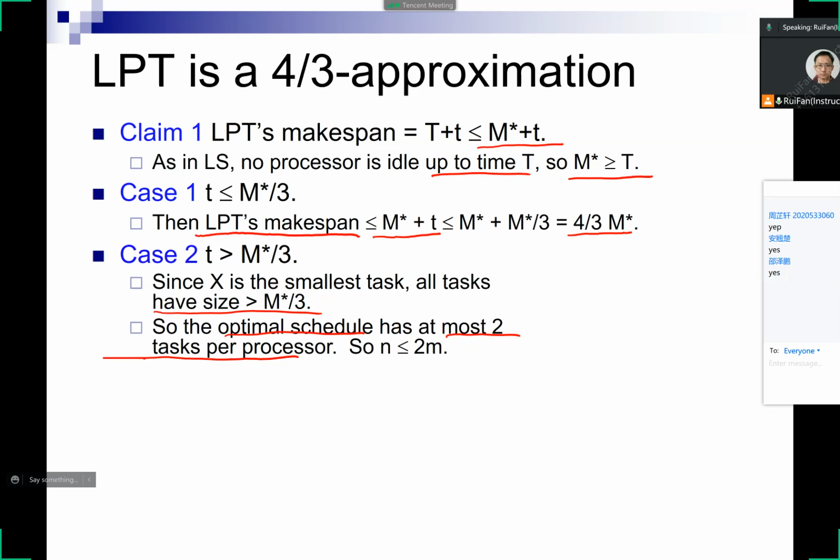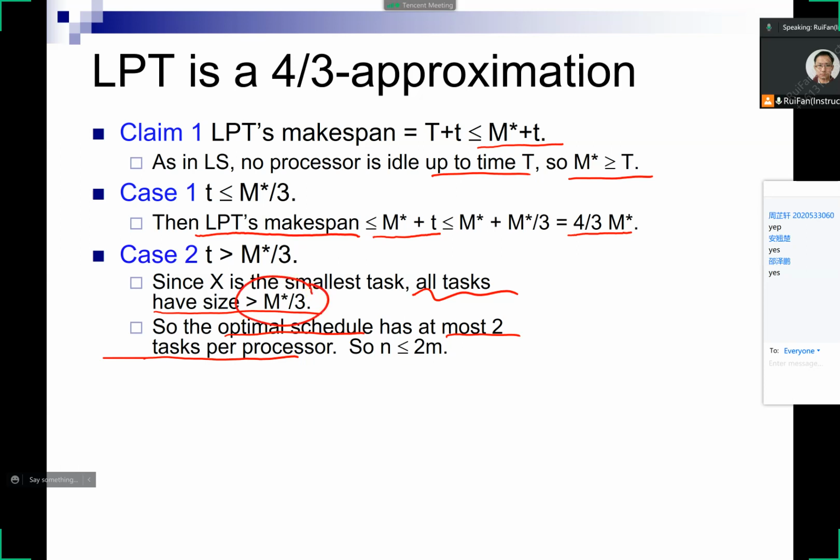The reason is that if you look at the optimal schedule, and suppose some processor has more than 2 tasks, so it's got 3 or more tasks, well, we know that all of these tasks have size larger than M star over 3. So if you put 3 or more tasks onto a processor, that processor is going to finish after time M star.